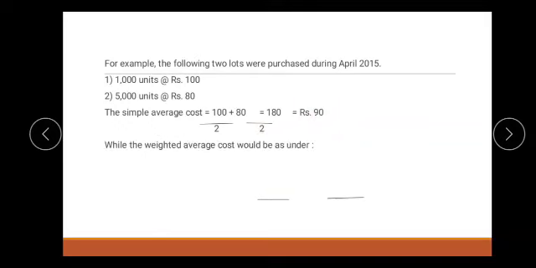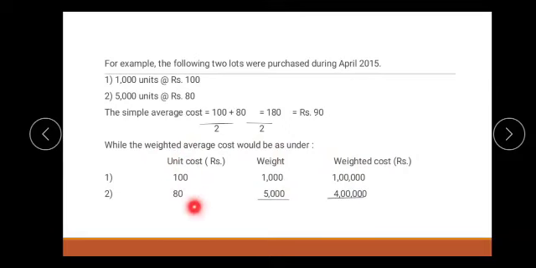While the weighted average cost will be as under. Unit cost in rupees, then weights and weighted cost in rupees. First, 100 unit cost, weight 1000, and weighted cost is 1 lakh. Second, 80 unit cost rupees, weight 5000, and the weighted cost is 4 lakh.